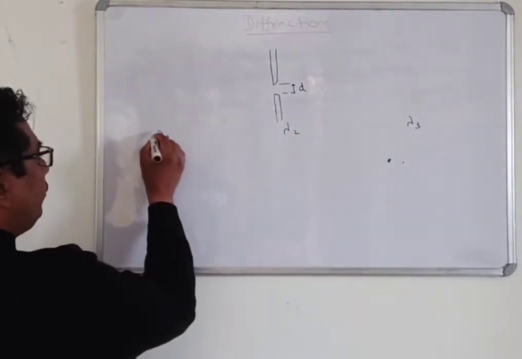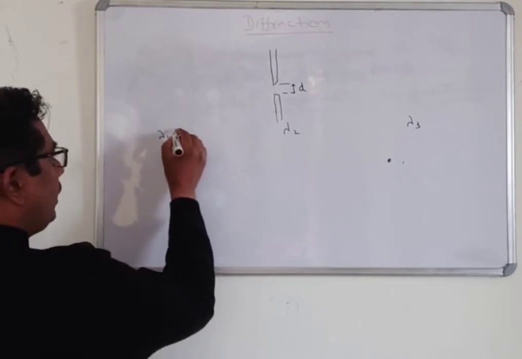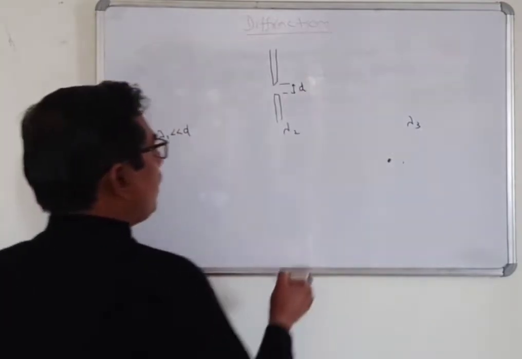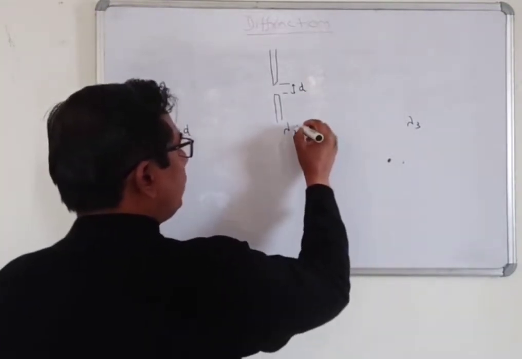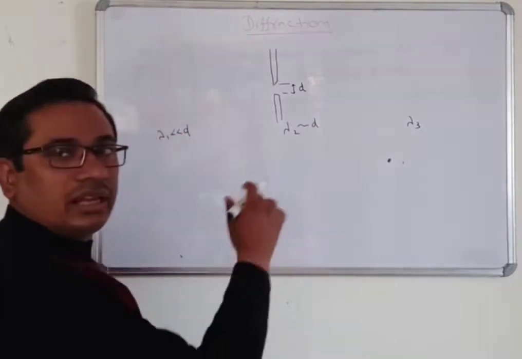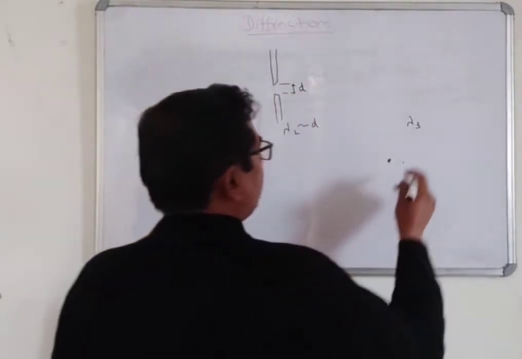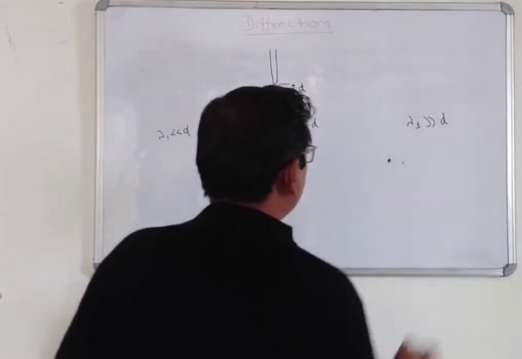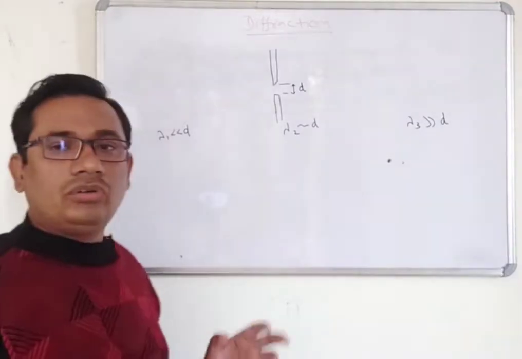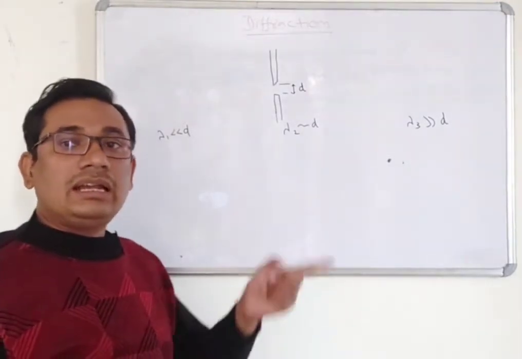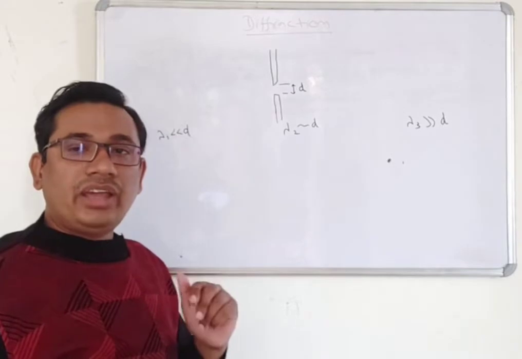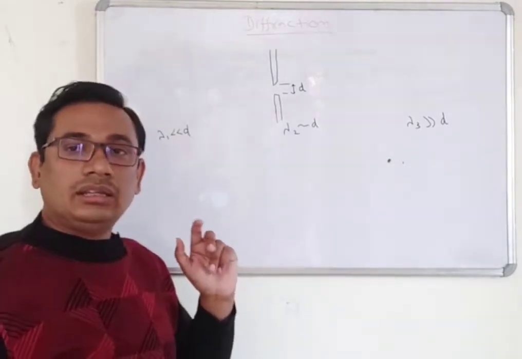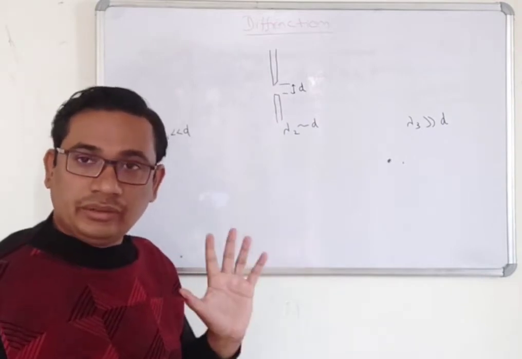Lambda 1 is very small as compared to d. And here lambda 2 is comparable with d, just equal to the size of d. And the last condition, lambda 3 is greater than d. All of you know from the definition that diffraction will start when the size of the obstacle is comparable with the size of the wavelength.